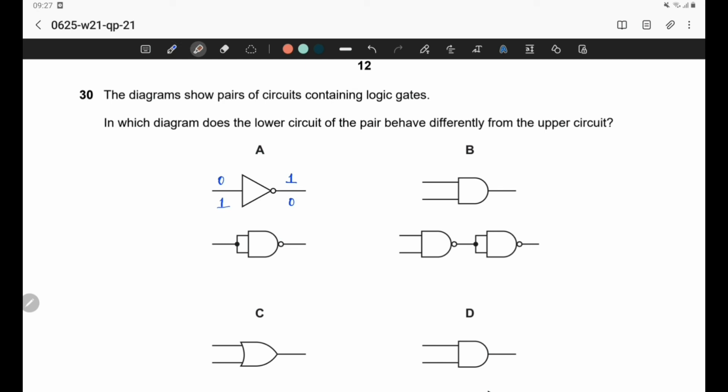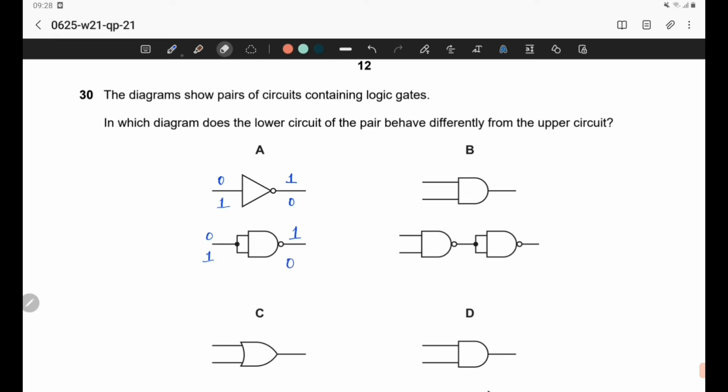For the second logic gate given in option A, when the input is 0, both inputs will be 0, 0. So the output for a NAND gate will be 1. Likewise, when the input is 1, both inputs will be 1, 1, and therefore the output will be 0.